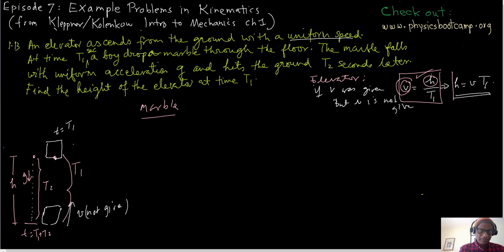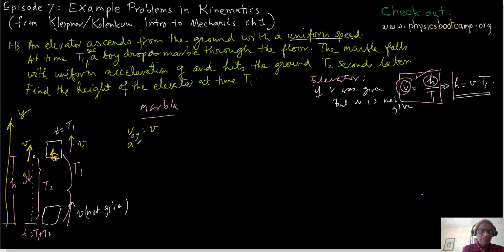Okay, so the main problem is that when you let go of this marble, this elevator is still going at constant v. That means the marble is going at constant v. So the initial velocity of the marble is v. If you take this as the positive y-axis, then v0y will be v.